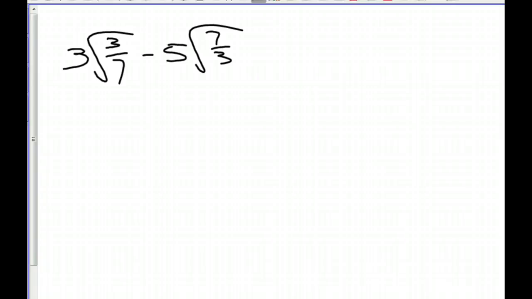Let's make sure we're on the same page here, what you mean by simplify the radical. We're going to do something with the radical. Kendra? You move the 3 to the top with the square root of 3, and so you make it 3 square root of 3 over 7. Okay, so you're going to do that.